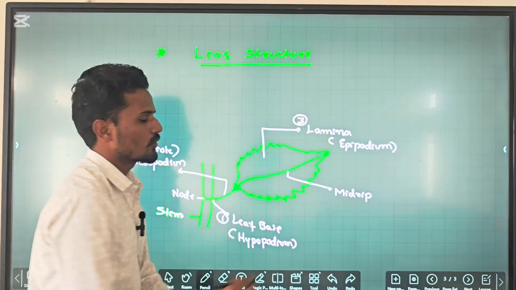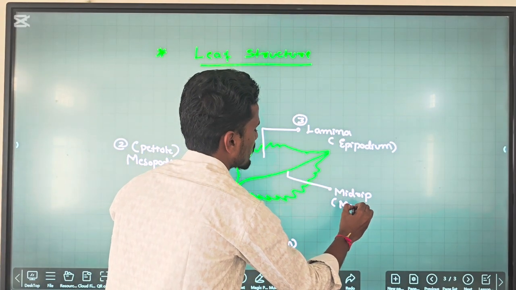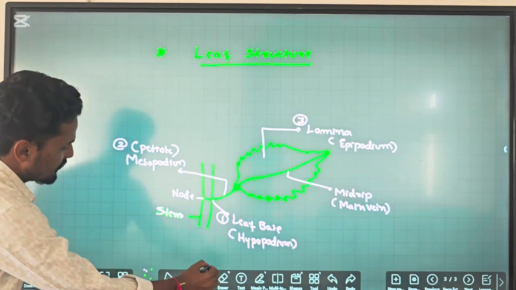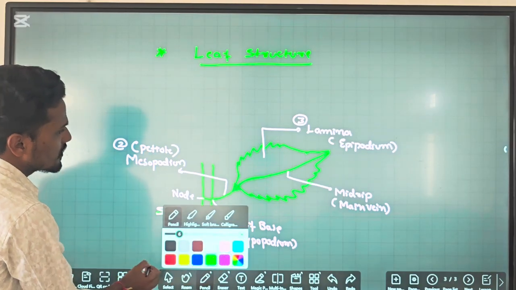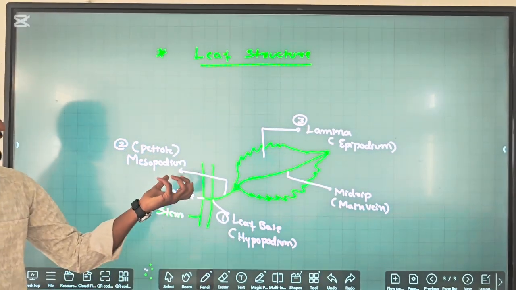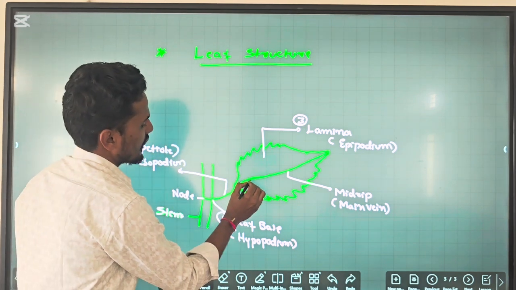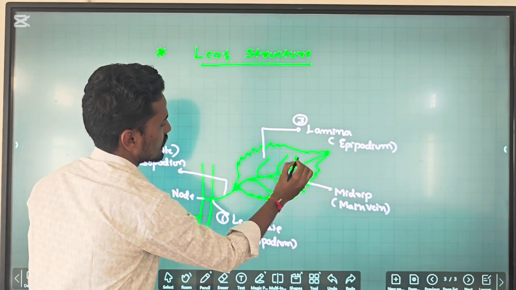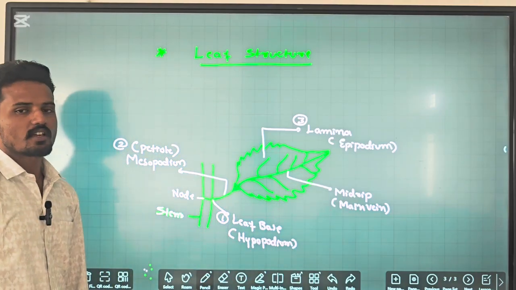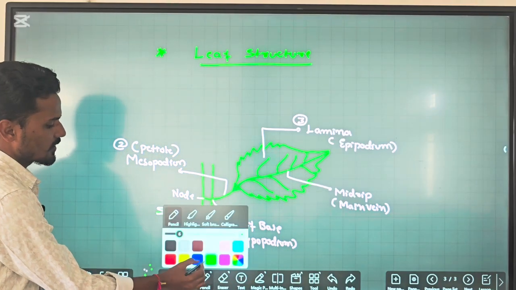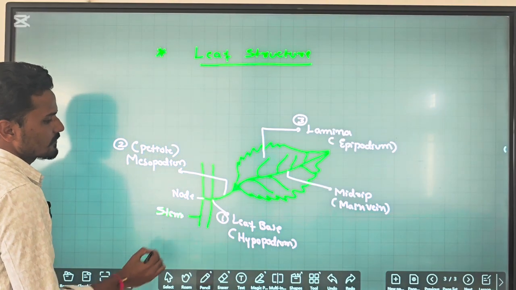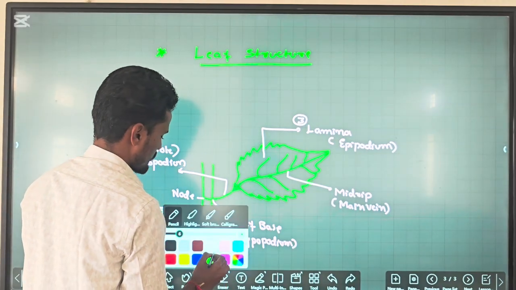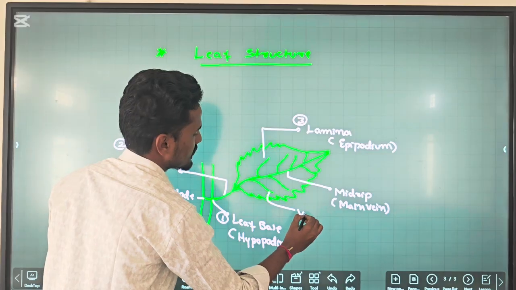From this main vein, other vein-like reticulate structures arise, and those are called veinlets.